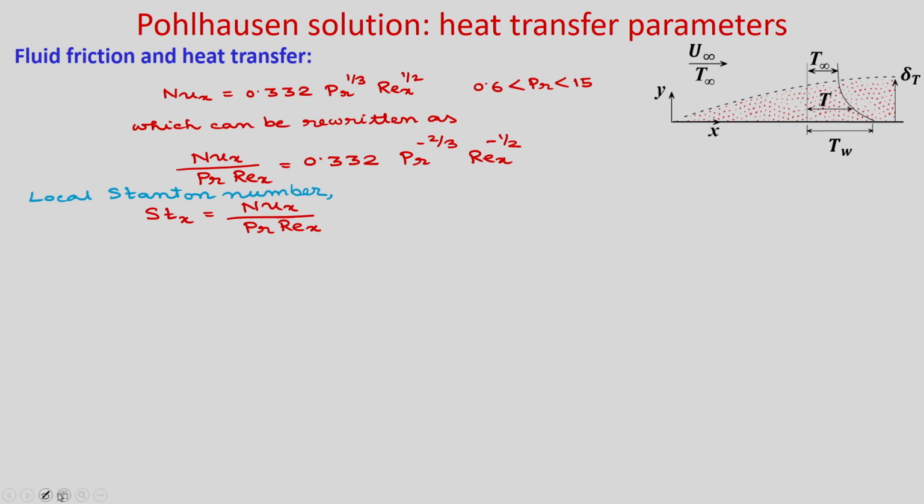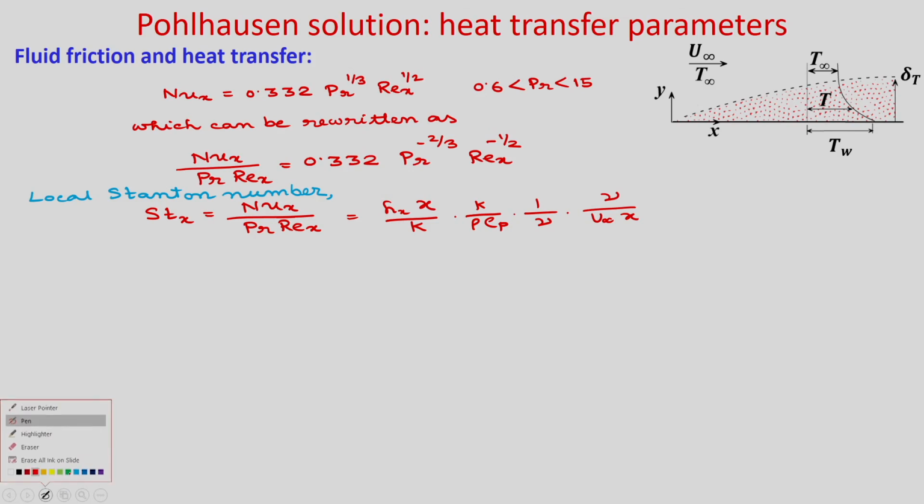Okay. So, from this relation you can see that Nusselt number x is h x times x by k, and Prandtl number is nu by alpha. So, you can write alpha as k by rho Cp, and 1 by nu, and Reynolds number u infinity x by nu.